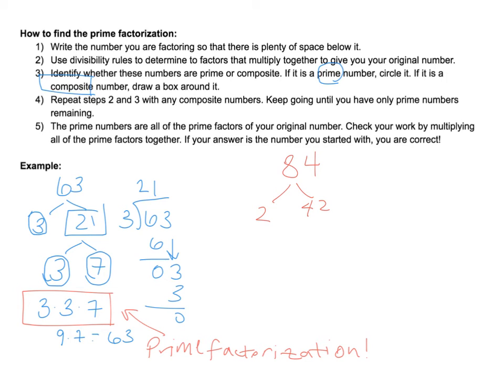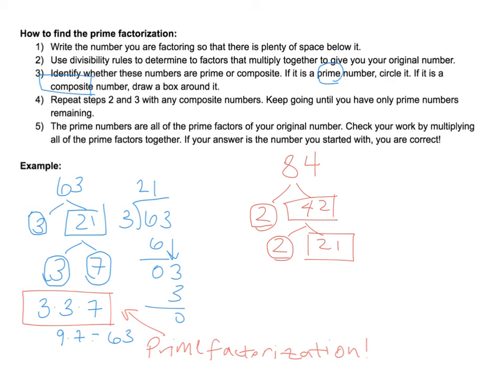Now 2 is a prime number, so we're going to circle it. 42 is composite, so we're going to put a box around it. And 42 can be broken down. Again, notice it's an even number, so this can be 2 times 21. Let's put a circle around that 2 because it is, once again, a prime number, and 21 is composite, so we'll put a box around it.